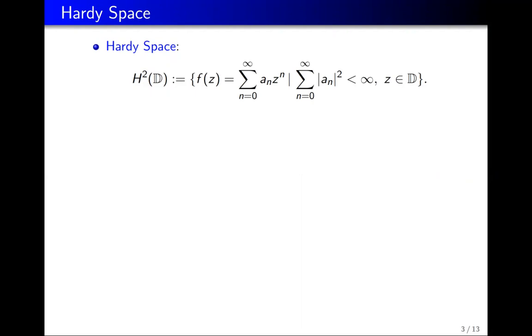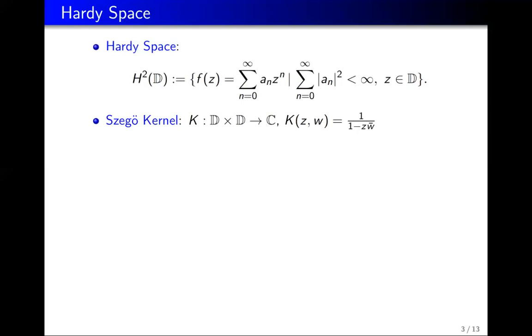Now this Hilbert space is also a reproducing kernel Hilbert space. I'm not really going to define here the exact meaning of something being a reproducing kernel Hilbert space, but it has a kernel, and this kernel function implicitly determines the Hilbert space. In this case, the kernel is called the Szegő kernel.